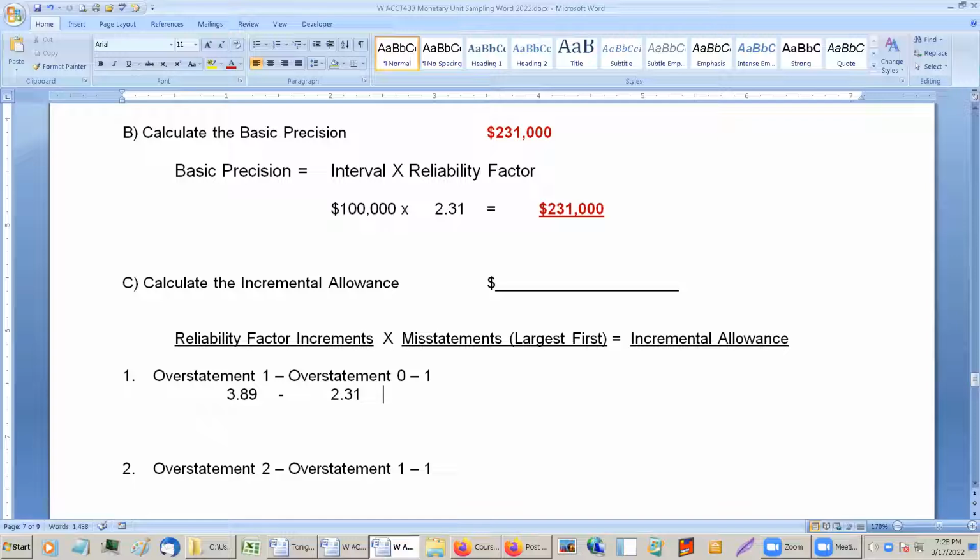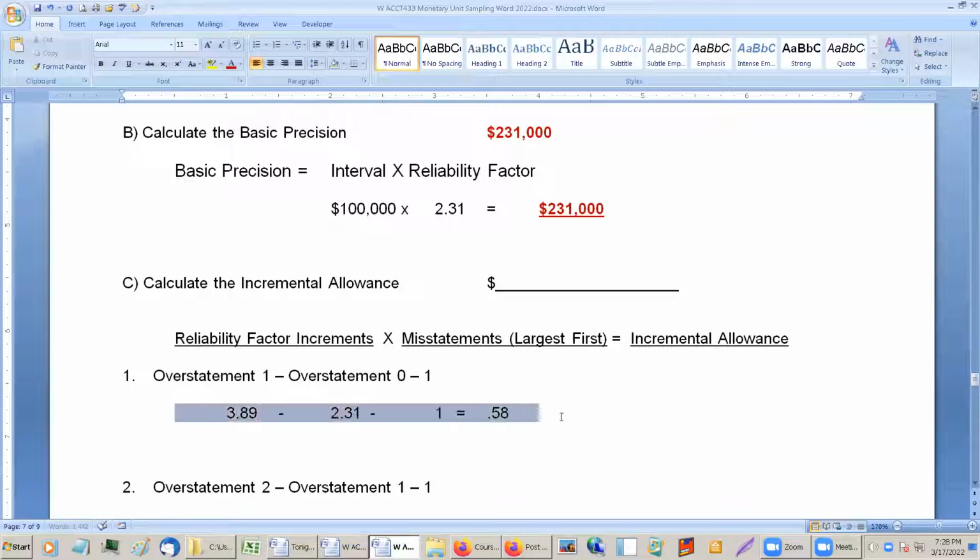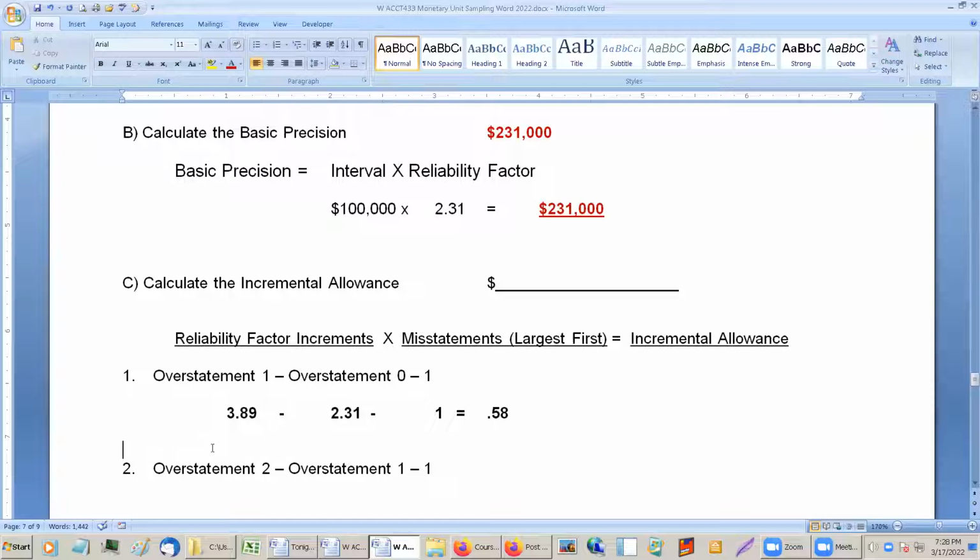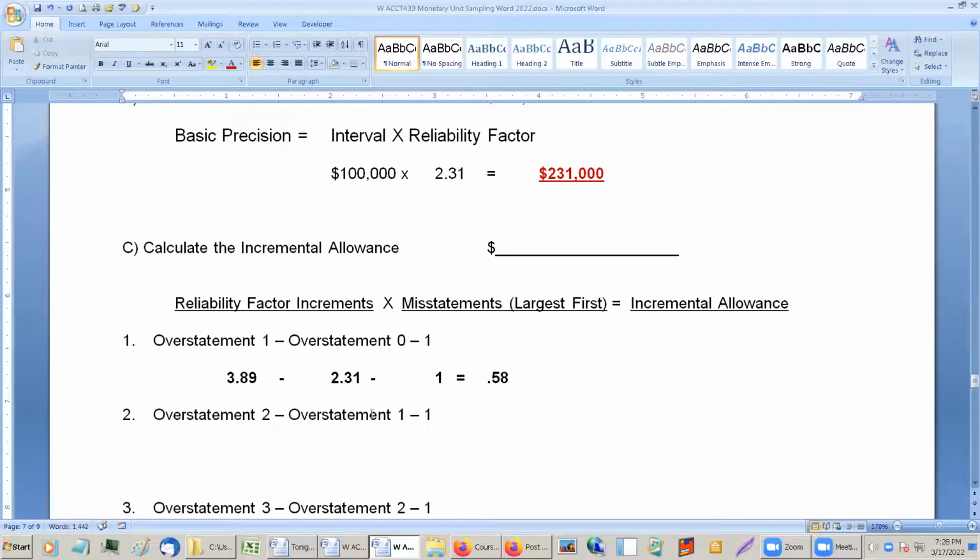So this will be for the first misstatement, minus 1. What'd you say it was, 0.58? Yeah. Okay. So this will be the first incremental allowance that we'll have. And we need one more. And it's 533.